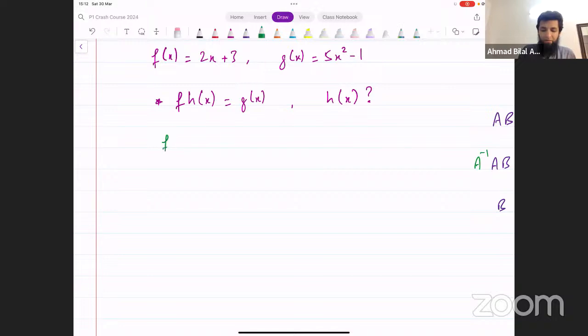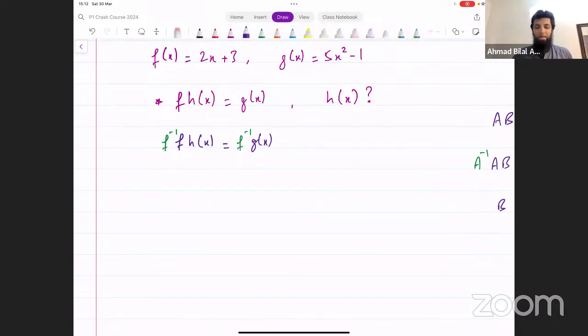You would have f inverse of f of h of x. And on the right side, you would have f inverse of g of x. So basically, you apply f inverse on both sides like this.